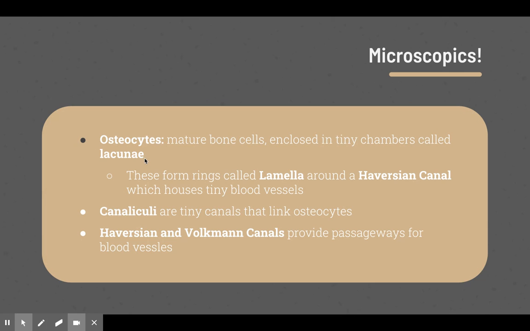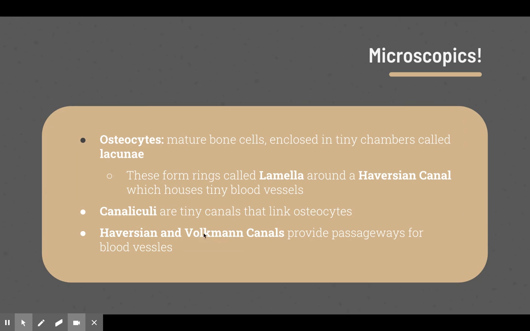But again, you'll need to know the formation of the bone and how to label at the cellular level. These lacunae form rings called lamellae around Haversian canals, which house tiny blood vessels. And then we have canals called canaliculi, and these will link or bring together osteocytes.